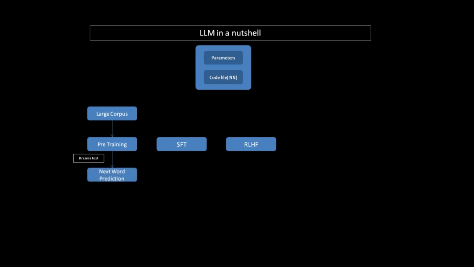What the model does is very simple. The neural network is fed a sequence of words, and it is trained to predict the next word in the sequence. Whatever the next word is, it is joined to the original sentence and fed back into the neural network. You can think of this as auto regression, and this is how the process works in a very simple manner.